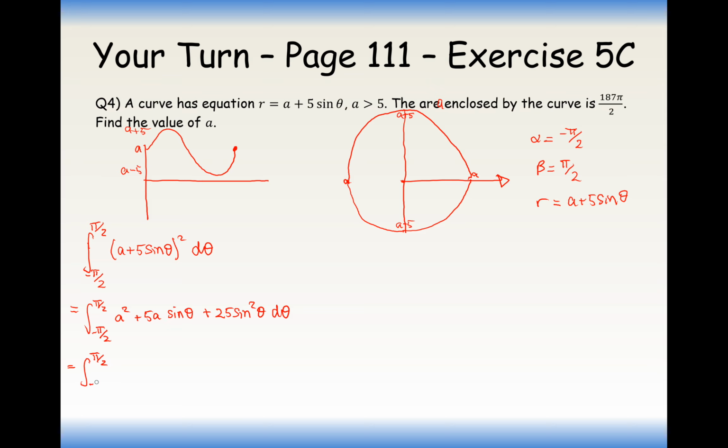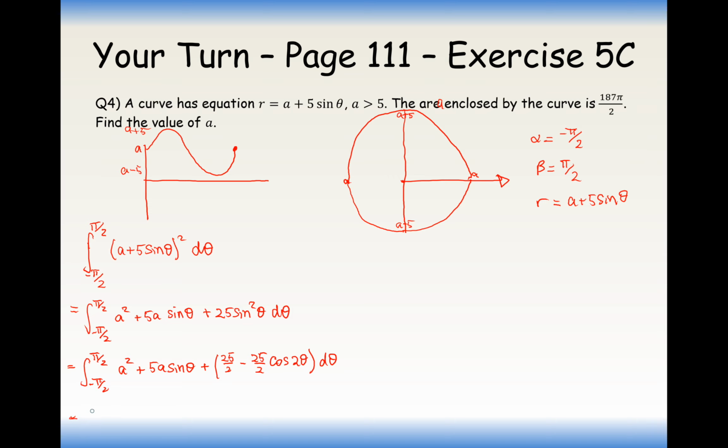So let's rewrite it out with that equivalent expression, leaving the other two bits as they are. A squared plus 5a sine theta, and then it's going to be plus 25 over 2 minus 25 over 2 cos 2 theta, d theta.